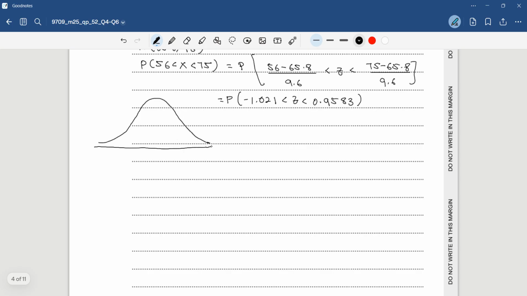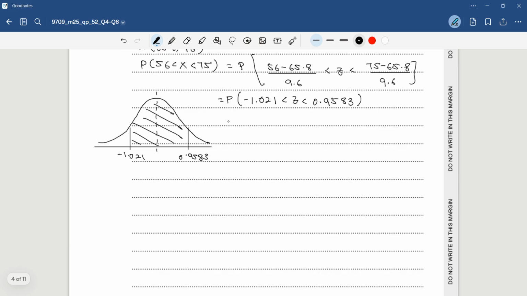So it's something like this. I put here negative 1.021 and here 0.9583. So this is the region that you are looking for.